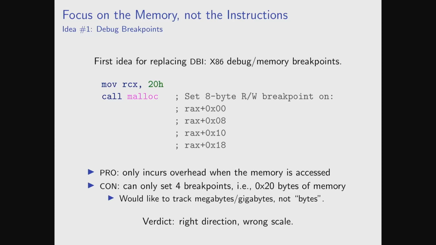With the breakpoint approach, we can just specify, here are the memory locations that we're interested in, and then the processor effectively gives us callbacks in the form of debug exceptions telling us when that memory is accessed. So I wanted a solution with that kind of feature to it, where I didn't have to instrument everything. I could just specify what it was that I wanted to track. But fundamentally, x86 hardware breakpoints can't do the job for us because we simply don't have enough of them on an architectural level.